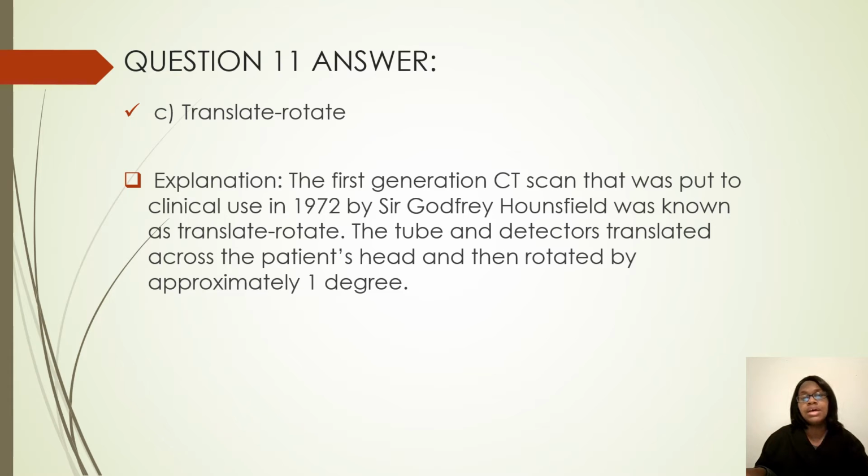This is going to fall under that first generation CT scanner, which was put to use in 1972 by Sir Godfrey Hounsfield. Like we were saying on the other slides, the tube and detectors translated across the patient's head, and then it did rotate approximately 1 degree. So that's why it's called translate-rotate.